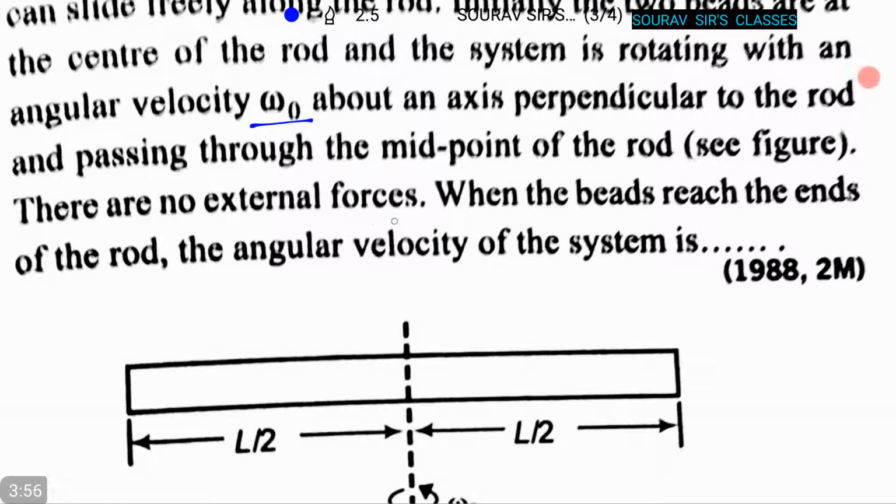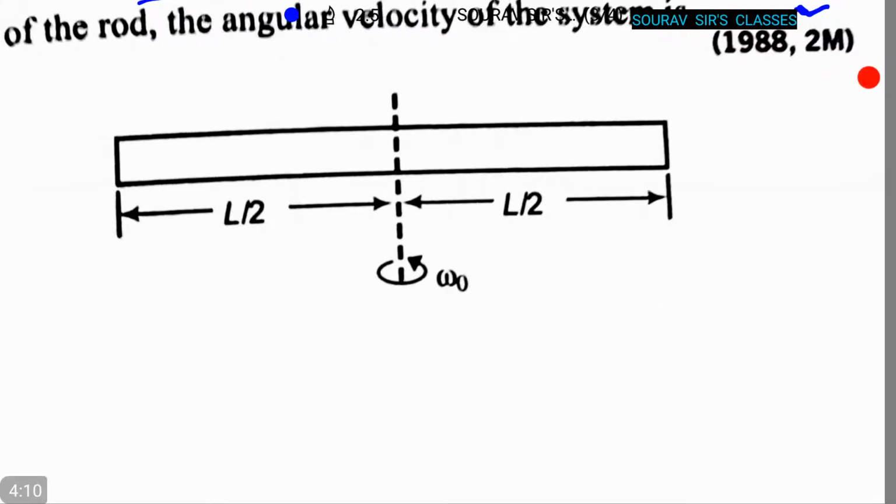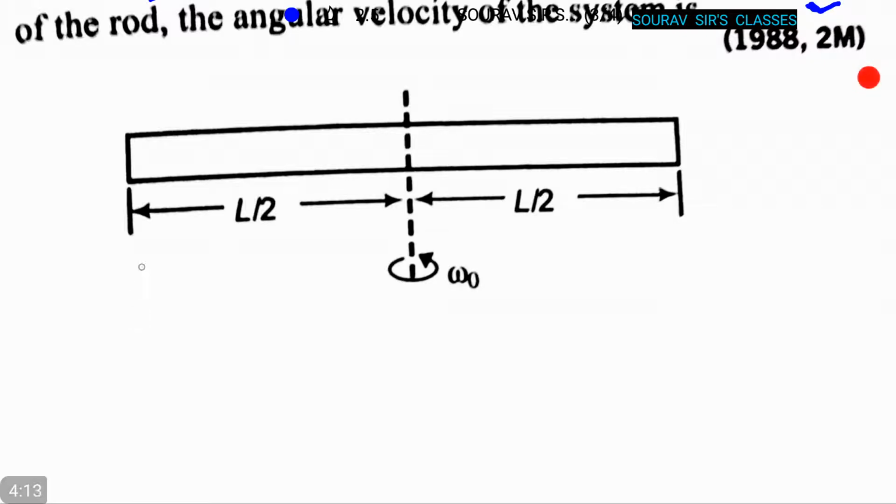There are no external forces, it is also given, and when the beads reach the ends of the rod, we have to find the angular velocity of the system, and this is the diagram given. So we can write that I1 omega 1 is equal to I2 omega 2.